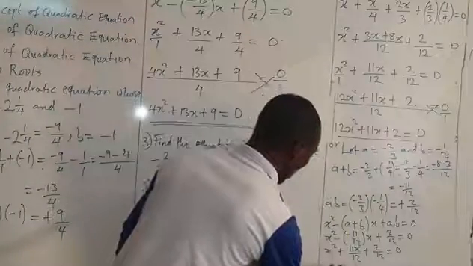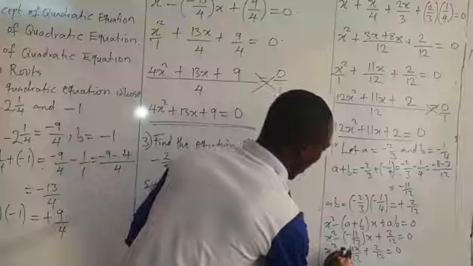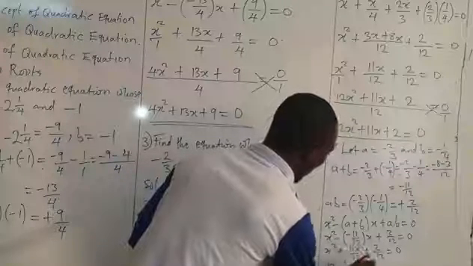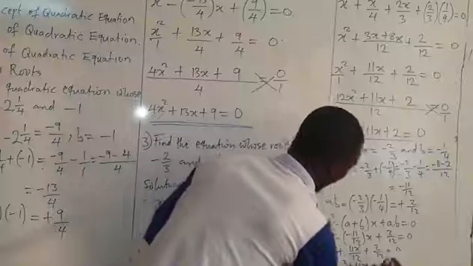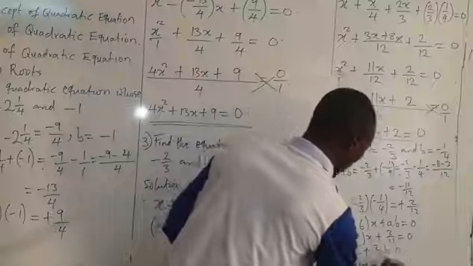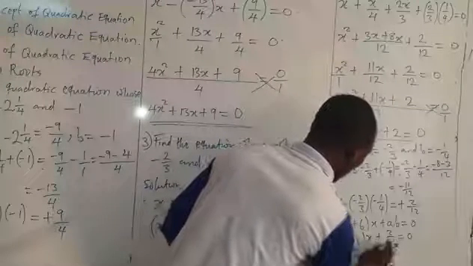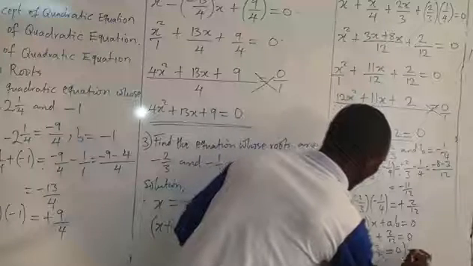So this will become 12x squared plus 11x over 12 multiplied by 12. The 12 cancels 12, and you are left with 11x, plus 2 over 12 multiplied by 12. Just like this, multiply through by 12.